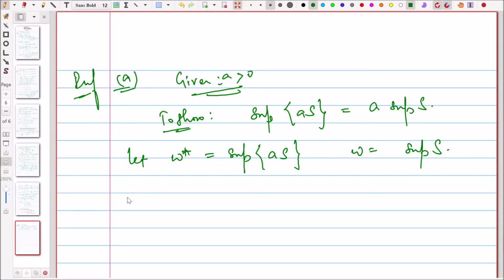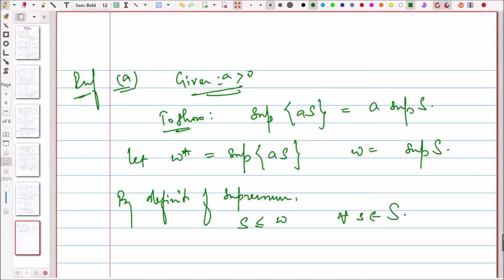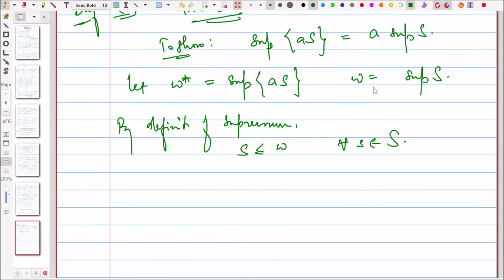Now by definition of supremum, s is less than or equal to w for all s belonging to S. Every member should be less than or equal to w, because w is an upper bound. If we multiply by a positive number, the inequality will not change, so a s is less than or equal to a w.